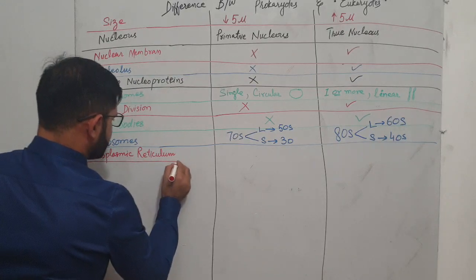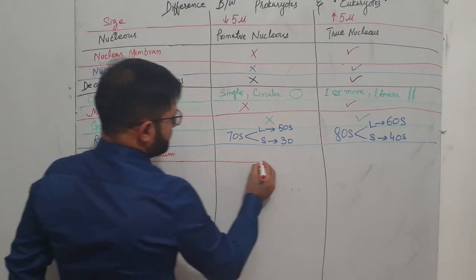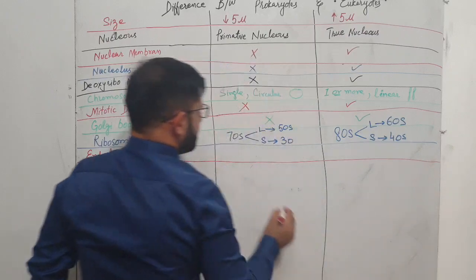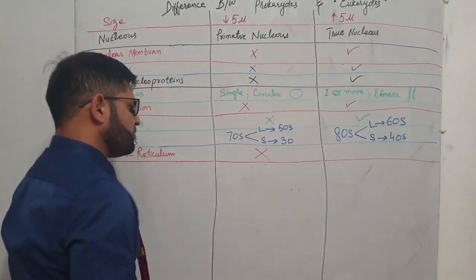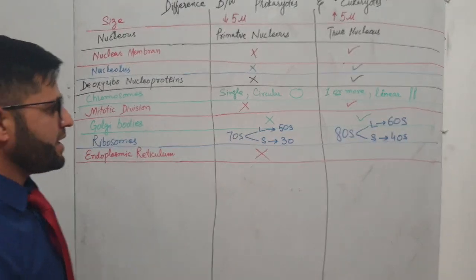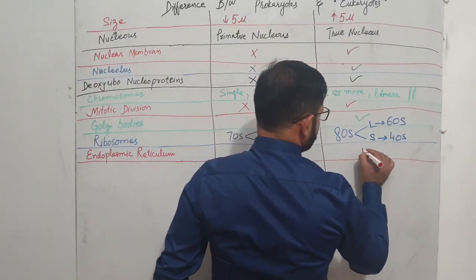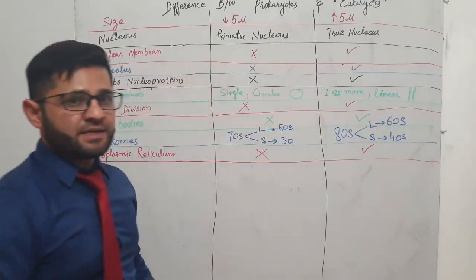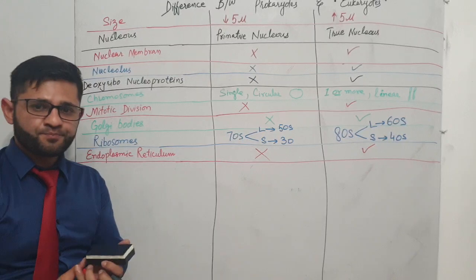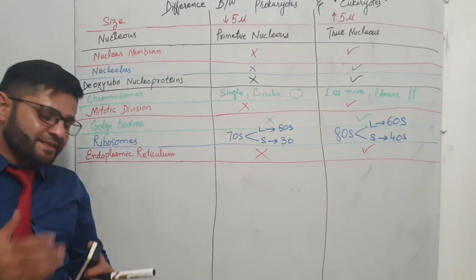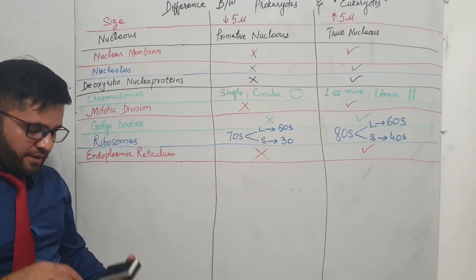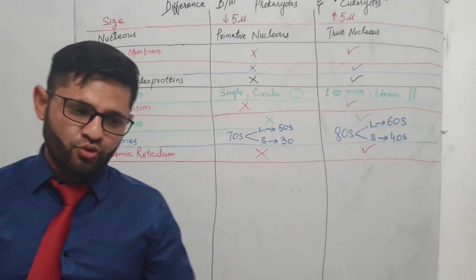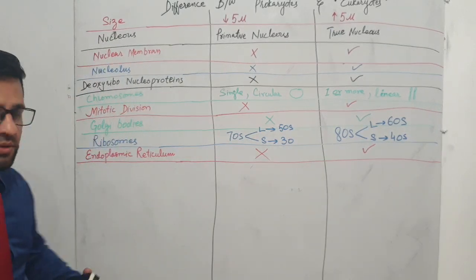The endoplasmic reticulum is of two types, rough and smooth. Both types of endoplasmic reticulum are absent in the prokaryotes, while they are present in the eukaryotic cells. Clear? Now let's discuss another granular structure which is known as lysosome.